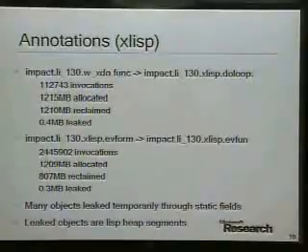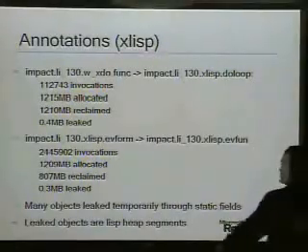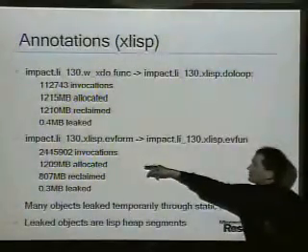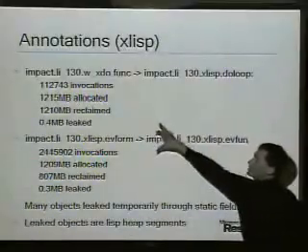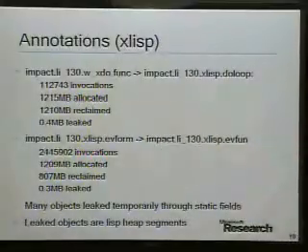Something you might notice about these figures compared with the previous table is that the volumes of allocation are actually evenly split between the two annotated methods, whereas the previous table had almost all the allocation being attributed to the top one of these two sites.